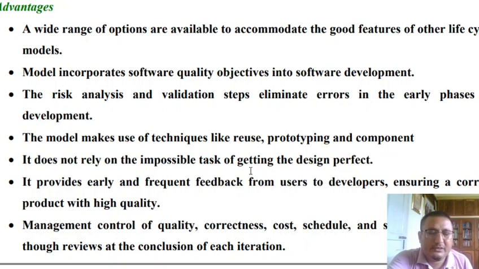So it has in it the goodness criteria of all the other models. This model also incorporates software quality objectives in software development, because we have continuous verification and validation of all the life cycle phases and of all the intermediate products. So quality is assured.